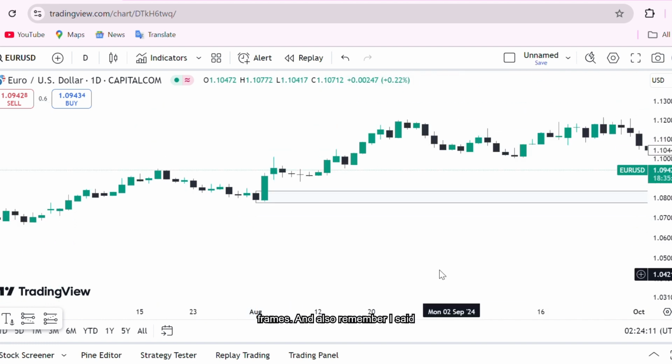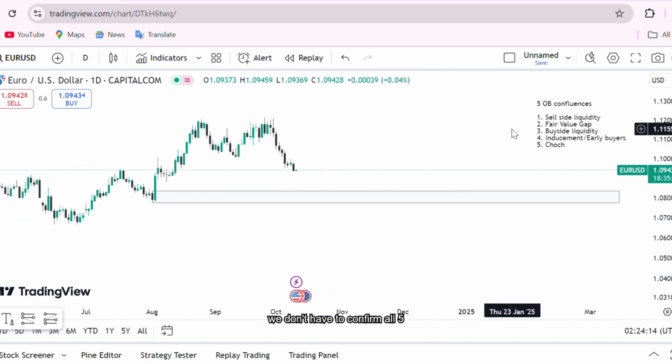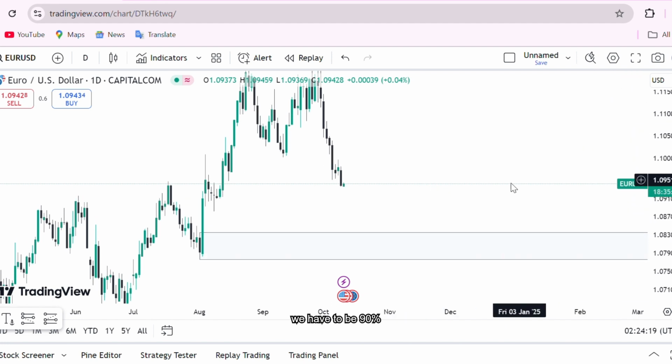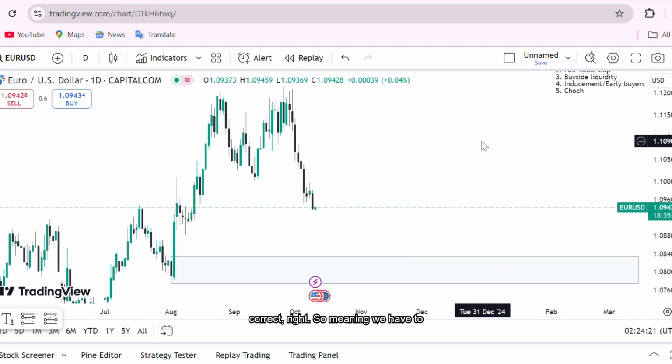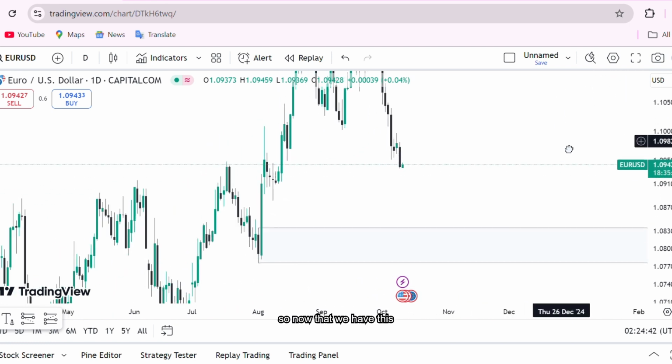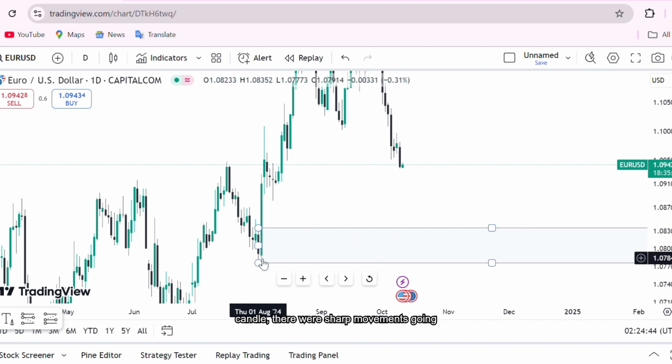Also remember, we don't have to confirm all 5 confluences, but to be on the safe side we have to be 90% correct, meaning out of these 5 confluences, at least 4 confirmed, right?